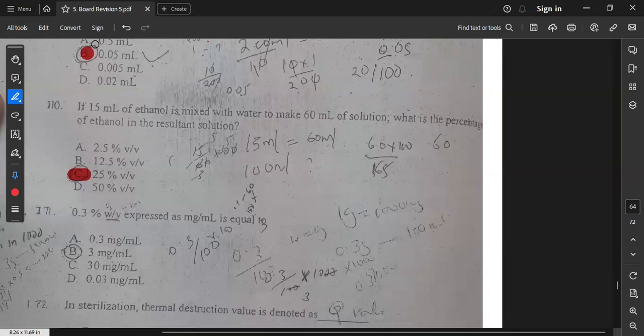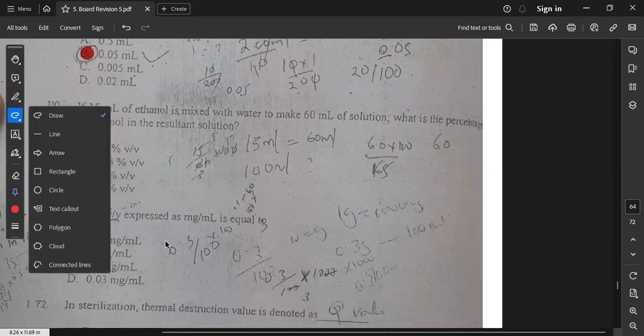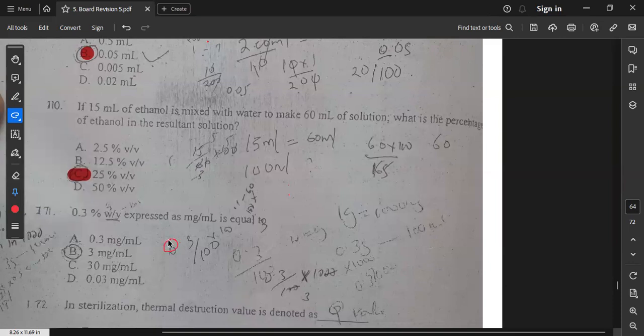Like 0.3 grams are in 100 ml, so what about 1 ml, because it's per ml?